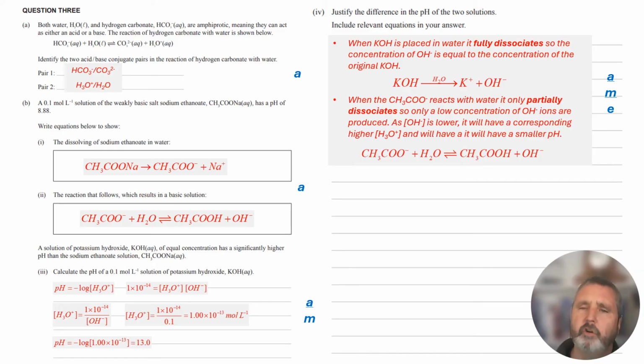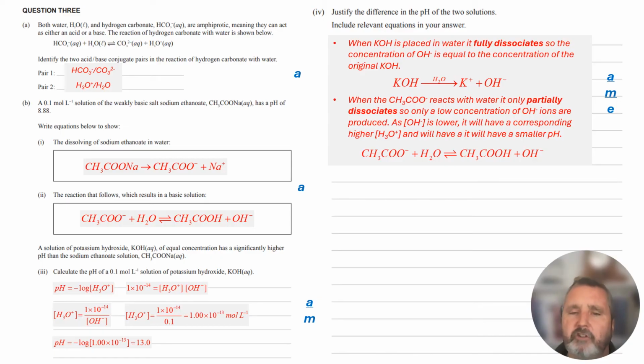And you can kind of identify here that if you realize that the higher pH, the 13 pH, is to do with the concentration of OH minus ions being higher, that's an achieved. If you can link the higher concentration to it fully dissociating, or the lower concentration to it partially dissociating, that's merit.